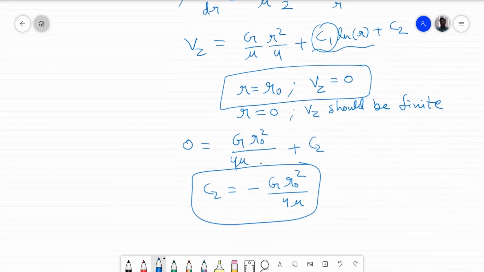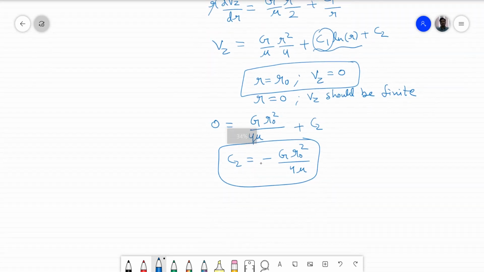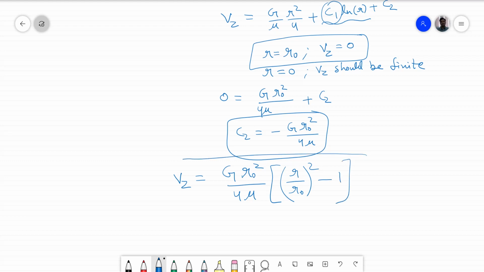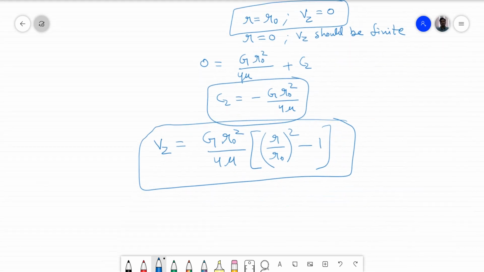Okay, now we can replace this there and we get Vz equal to, now this g by 4 mu is common, let us take it out, g r naught square by 4 mu, inside we get r by r naught whole square minus 1, right?